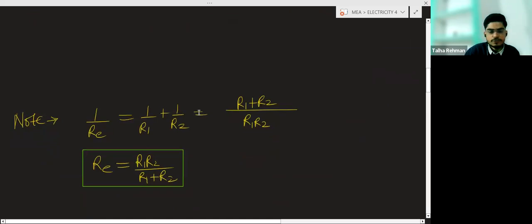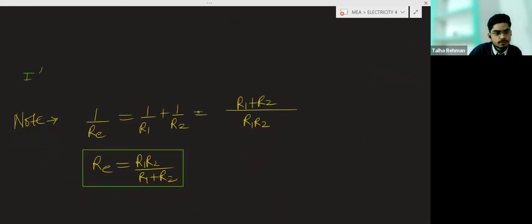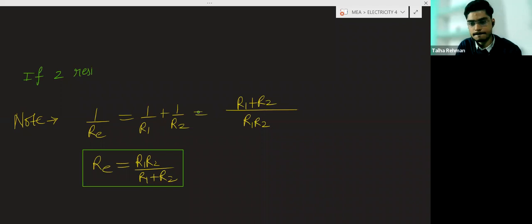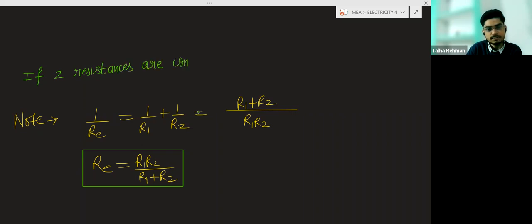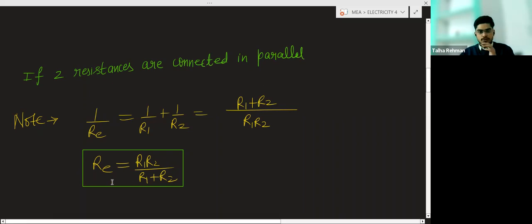If two resistances are connected in parallel, now you can see here, how will you calculate the resistance?